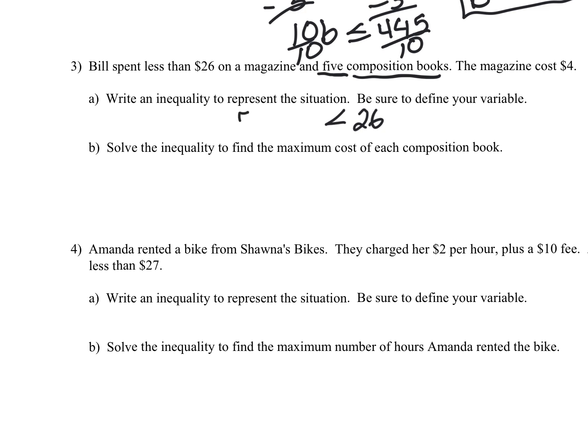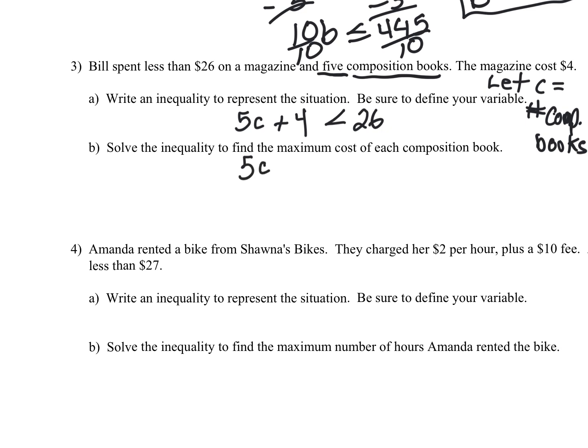So we go 5C. Again, we're assuming, since it says composition book, that I'm letting C equal the number of composition books. Okay, so 5C, we have $4 spent on a magazine, and then we need to solve that.